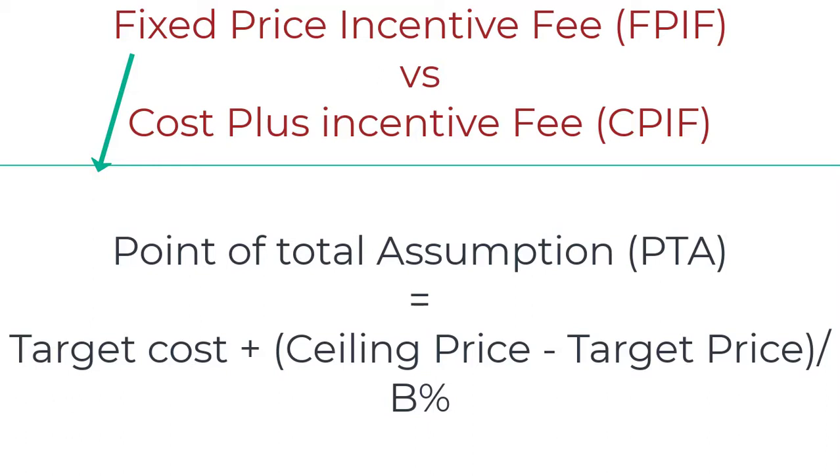So now let me redo it. The first term of this formula is cost, that is target cost. The second term is the difference between two terms, the ceiling price and the target price. Both are prices. It's not a difference of cost, it's a difference of price. And how do you get the target price?